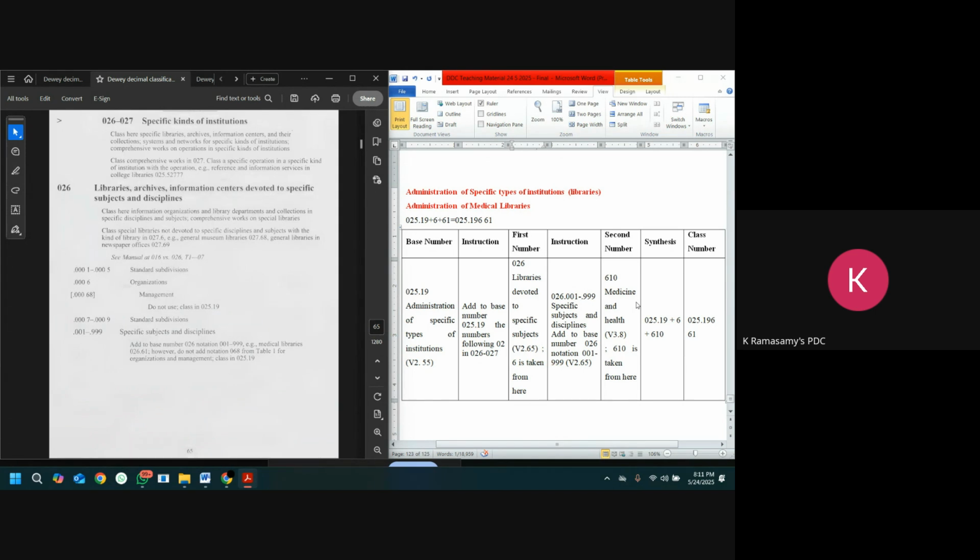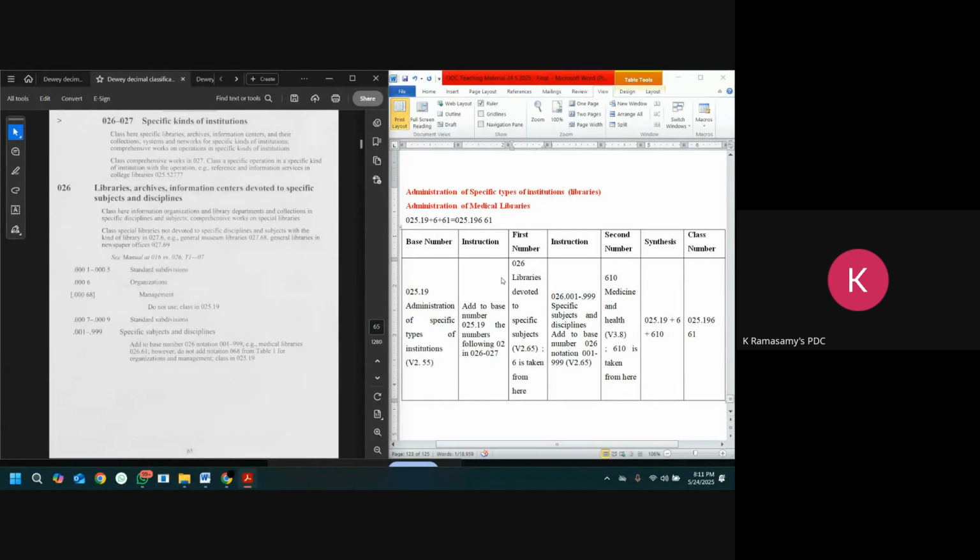Then one more number taken from the schedule is added to the base number. Based on the first number added, we get a lead. We go and take one more number from the schedule, and that number is also added to the base number. So one base number is taken, and 2 extra numbers taken from the schedule are added to the base number continuously. That is called multiple synthesis.